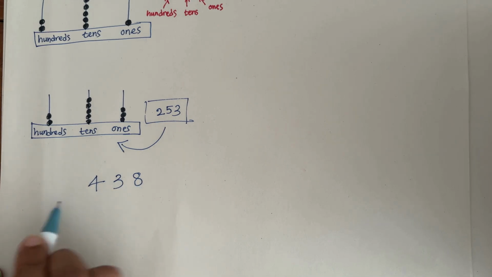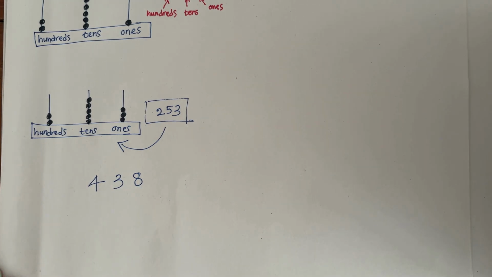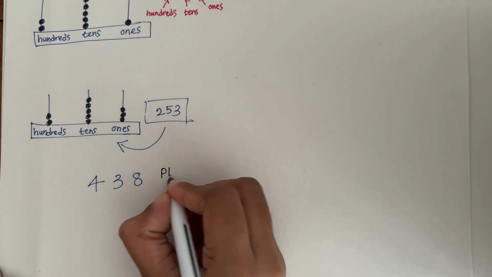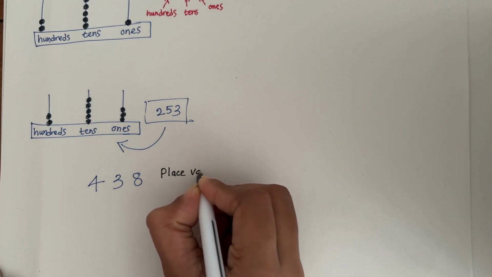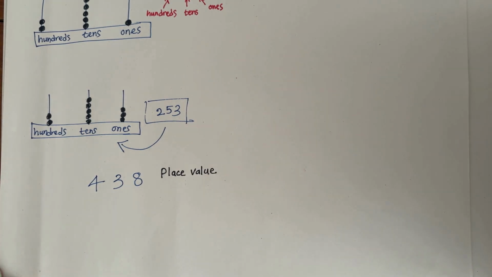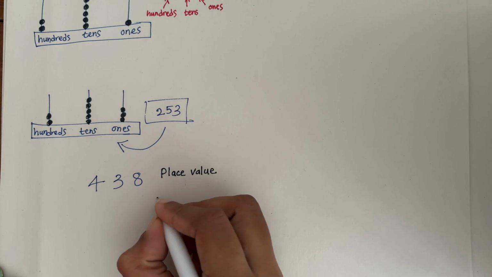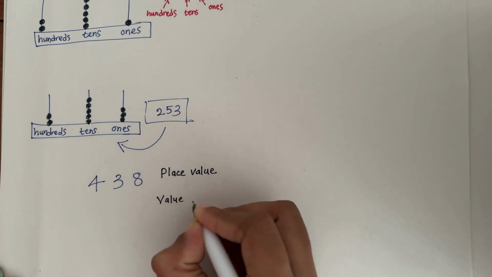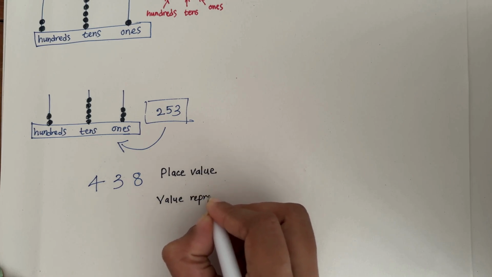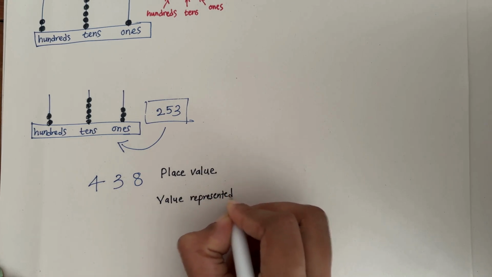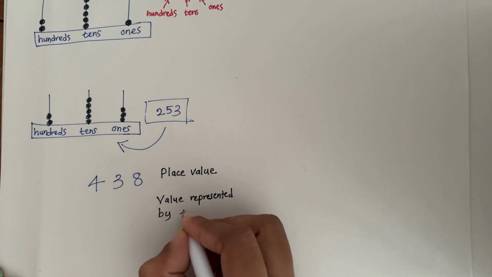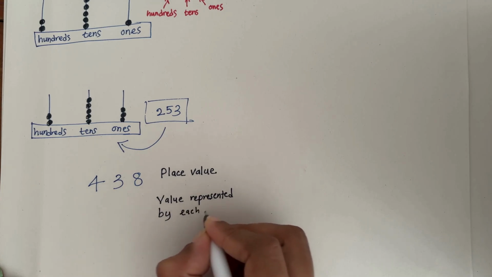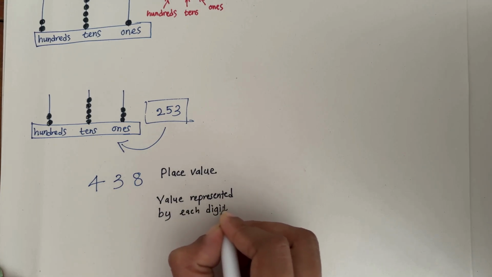By considering this number, can you tell me the place value of each digit and also the value represented by each digit?